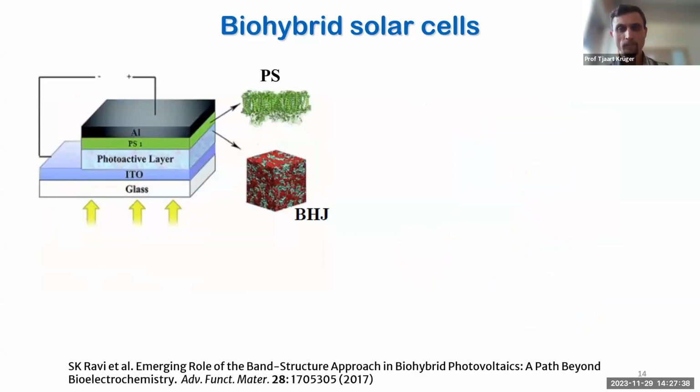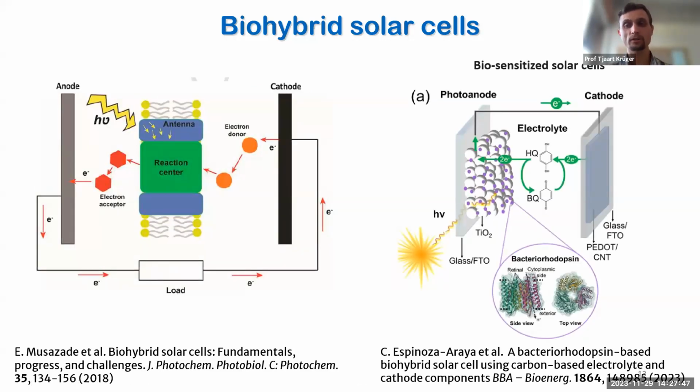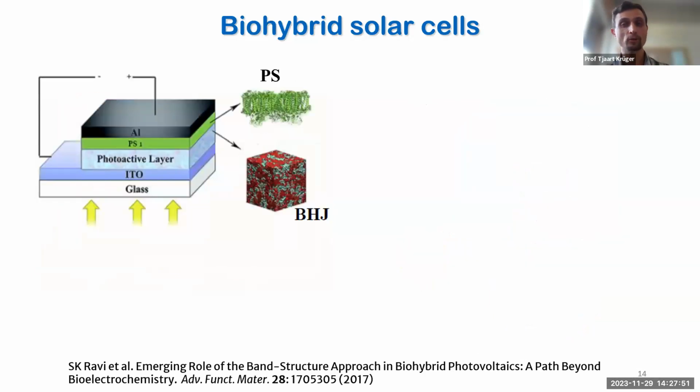Okay, let me show you another example of a biohybrid solar cell. In the previous example, the principle used here was a dye-sensitized solar cell, but we can also use the principle of organic solar cells. The general architecture in this case consists of several layers. And here's an example of using photosystem 1, which is quite commonly used.